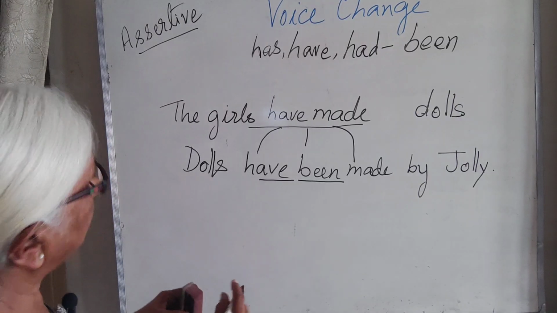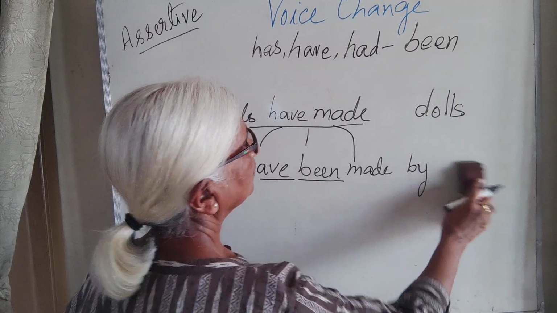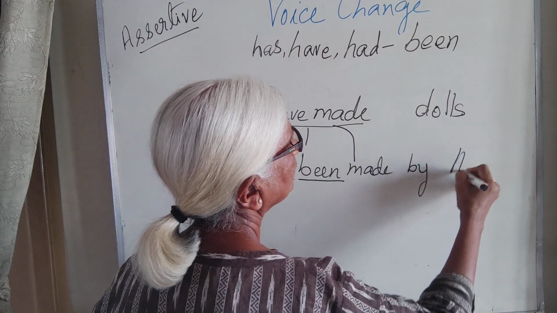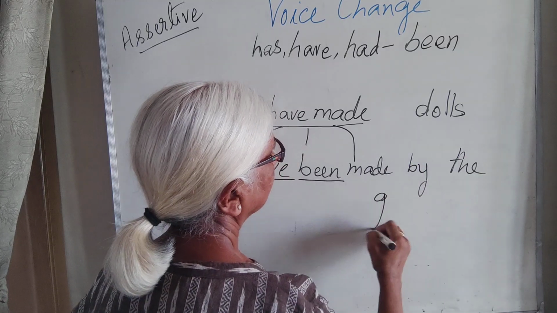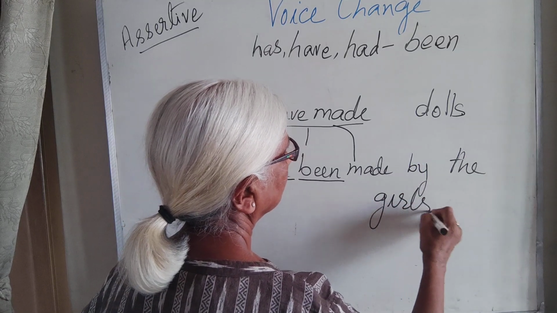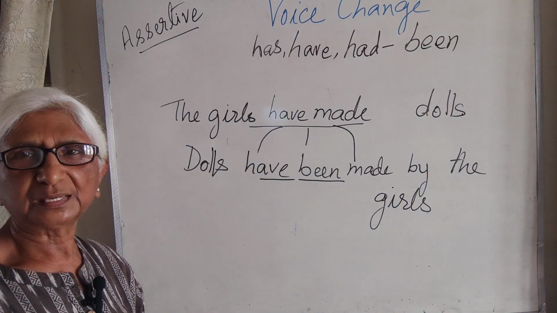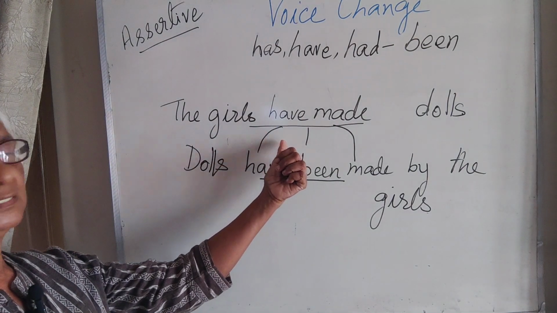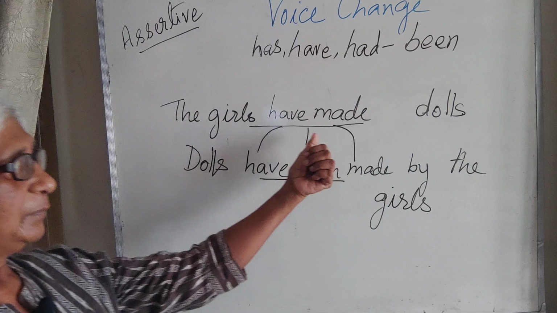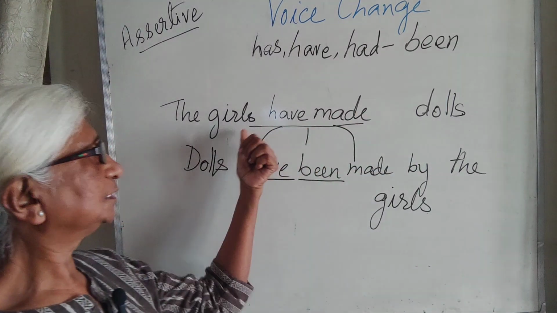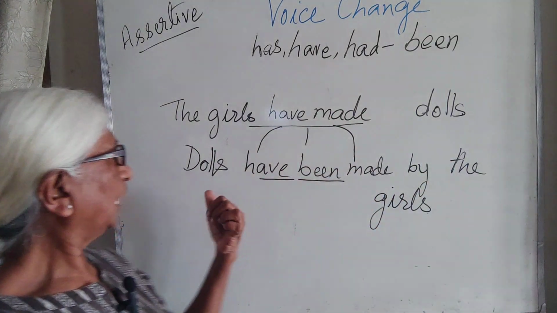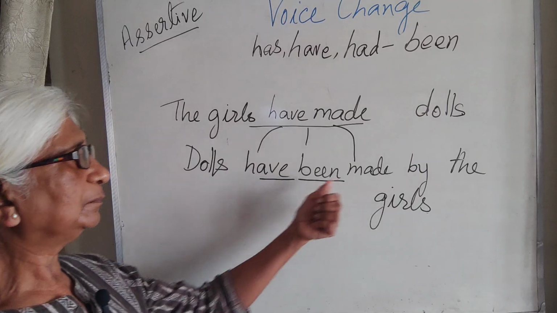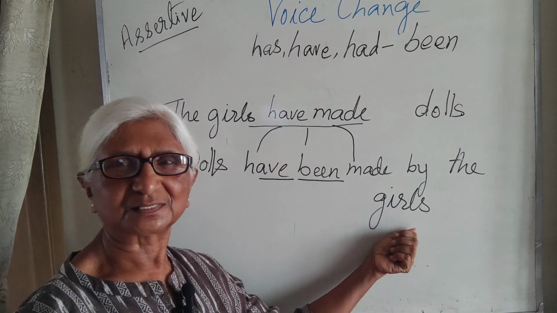Dolls have been made by the girls. Okay, so the girls plural, so it is have, and it's present perfect. The girls have made dolls, and dolls have been made by the girls.